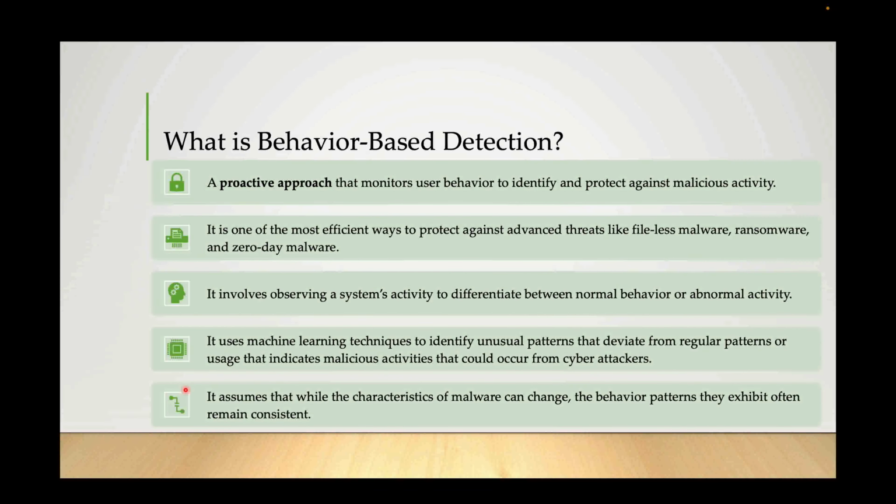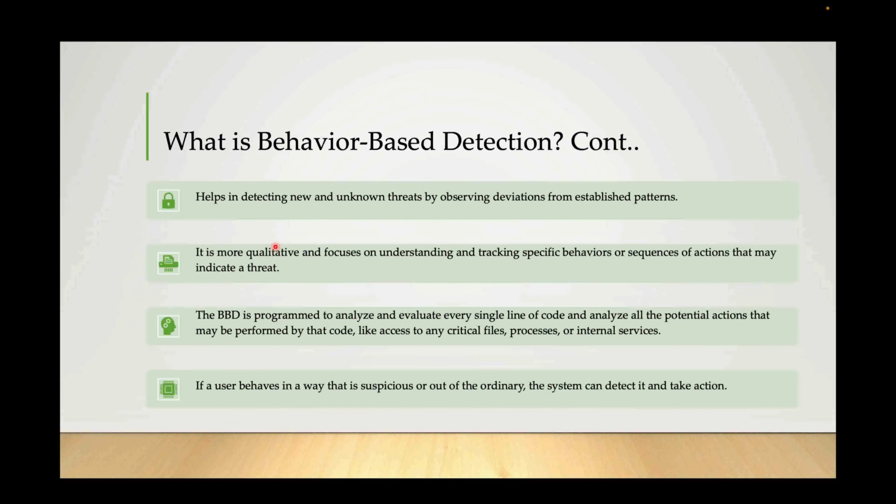It assumes that while the characteristics of malware can change, the behavior patterns they exhibit often remain consistent. Also, it helps in detecting new and unknown threats by observing deviations from established patterns. It is more qualitative and focuses on understanding and tracking specific types of behaviors or even sequences of actions that may indicate a threat.